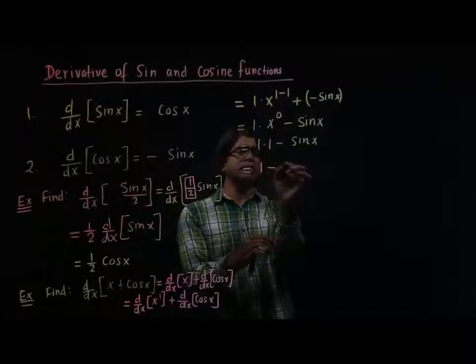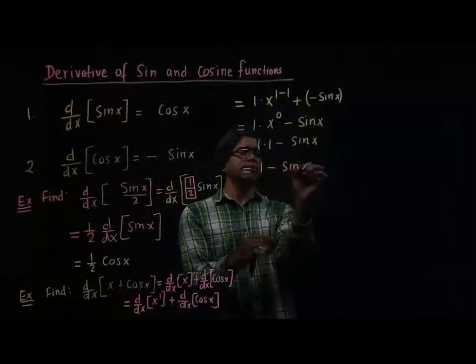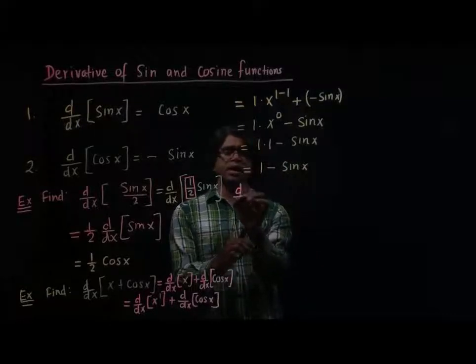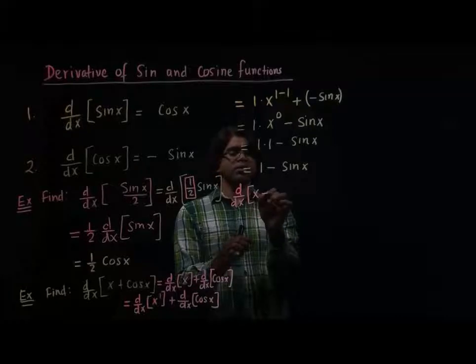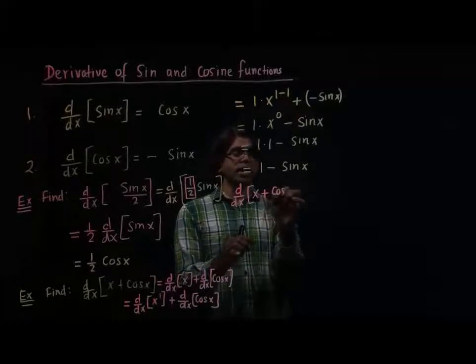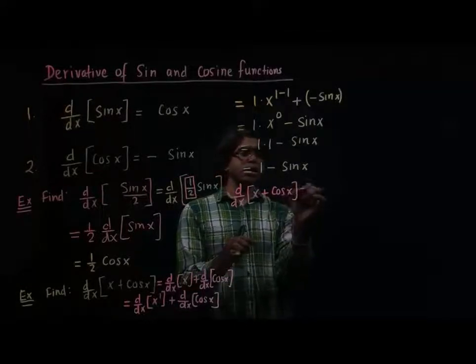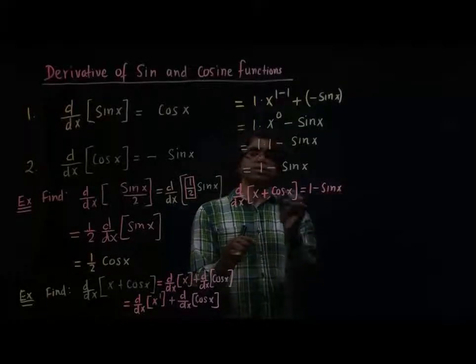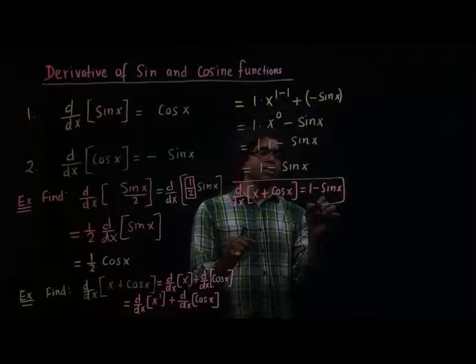So we can write d by dx of x plus cosine x is equal to 1 minus sine x. All right.